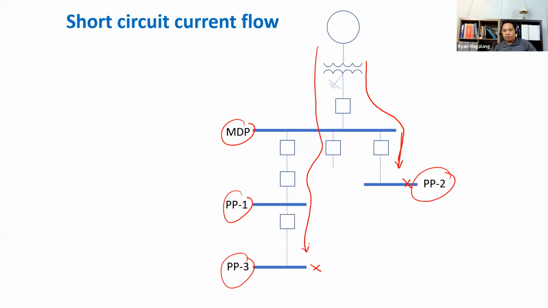So the flow of the current comes from the sources going to the faulted point. And the source, as we mentioned earlier, the major source is your utility, which is this. That's your utility or your generator. Or that could not be a motor, isn't it? Your motor will be connected as a load, where later on we'll look at it. That can contribute also to fault currents, but we'll see that later.